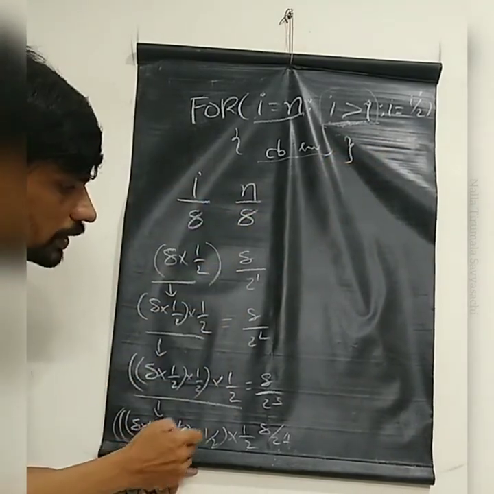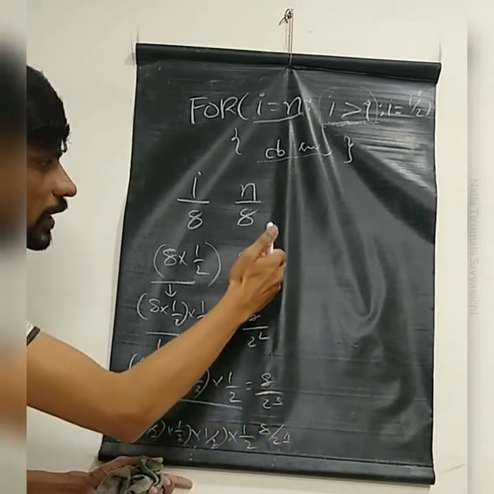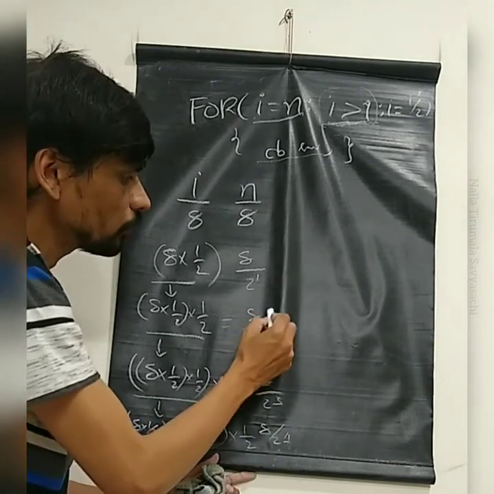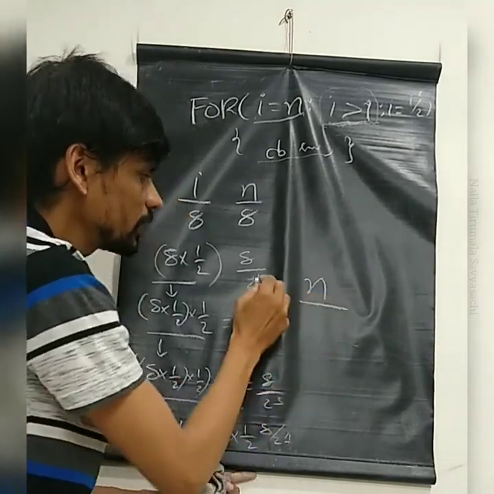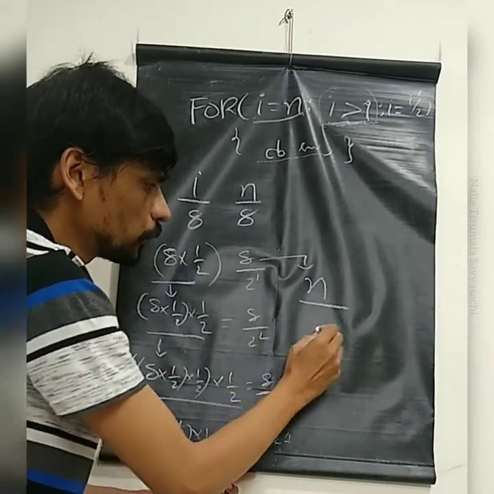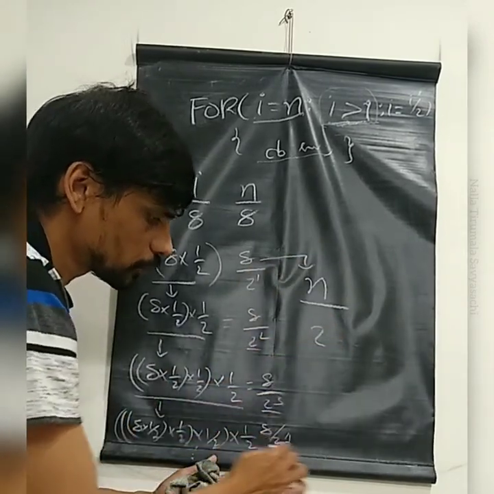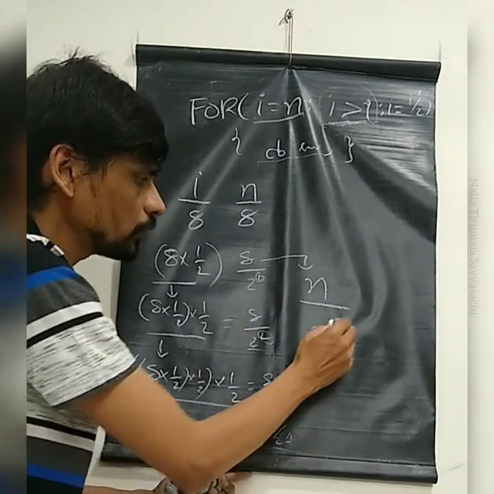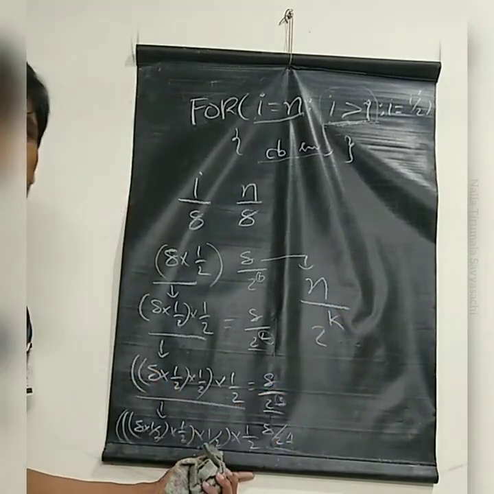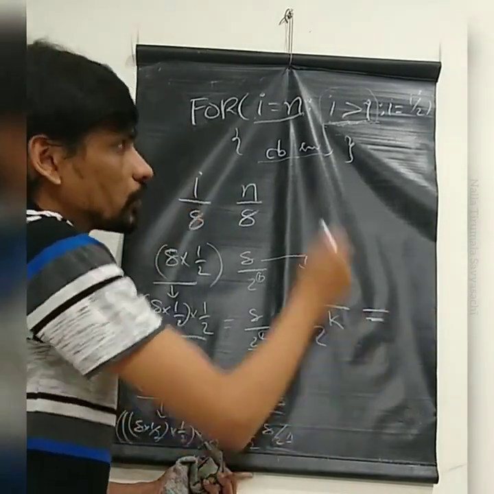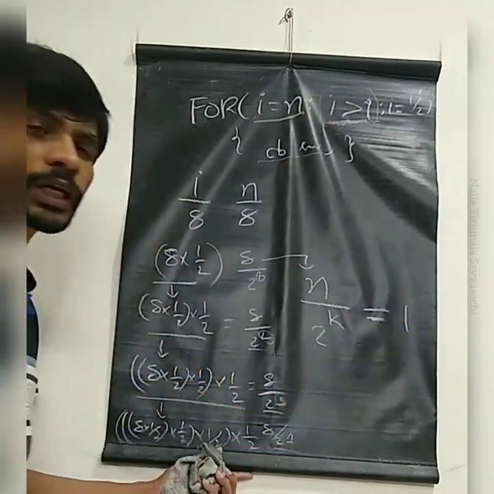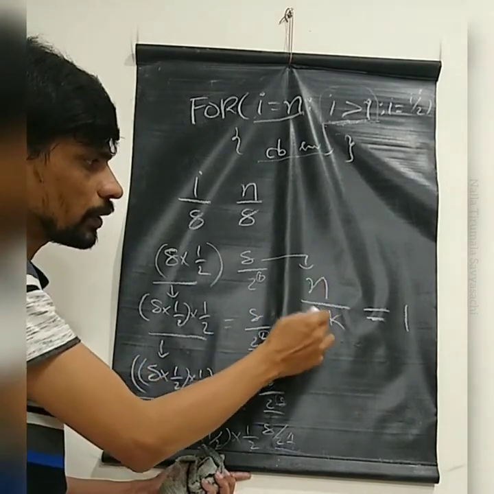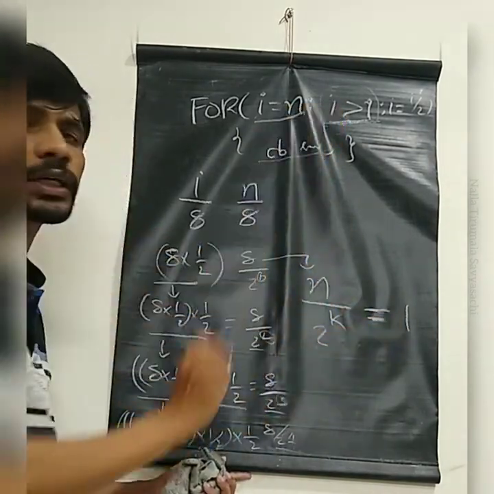So here, what exactly did we get? We will generalize this: 8 by 2 power 1, 8 by 2 power 2, 8 by 2 power 3, and so on. What is my 8? 8 is n, right? 2 is common. So instead of this 1, 2, 3 power value, we can represent it as 2 power k. When will this condition fail? When this becomes 1. So we derived n by 2 power k equals 1, then this condition will fail.